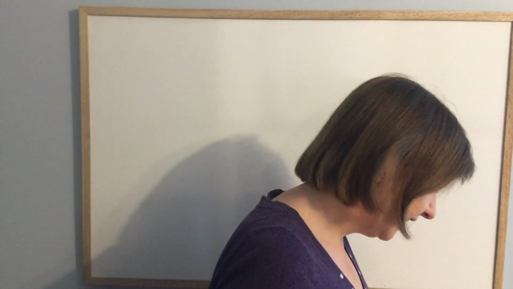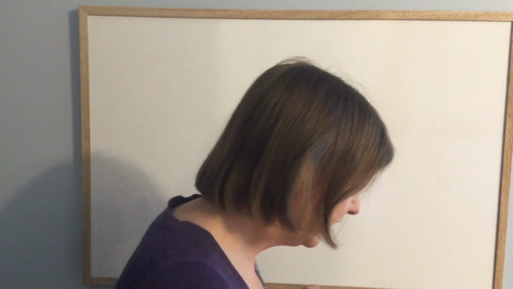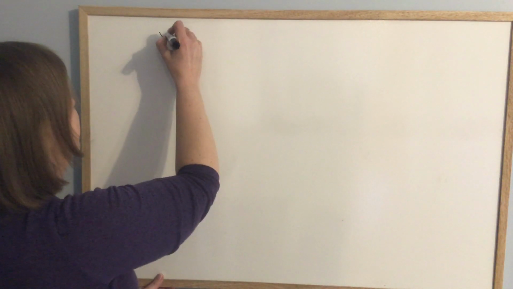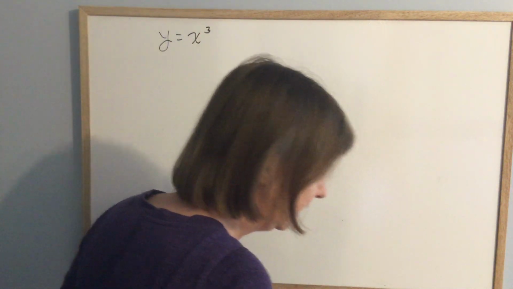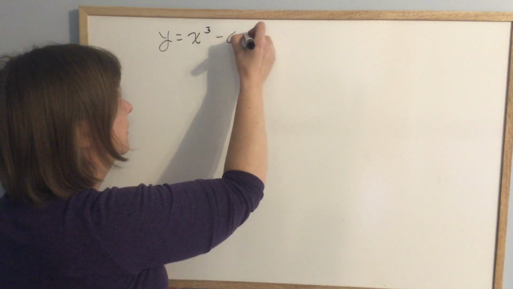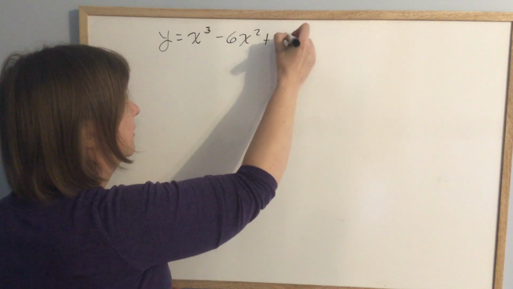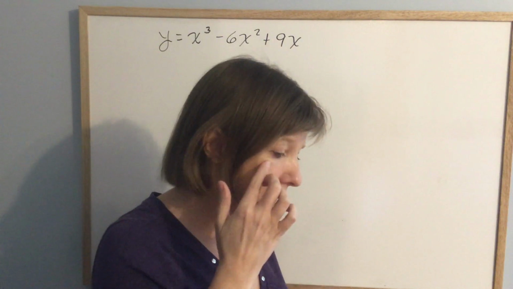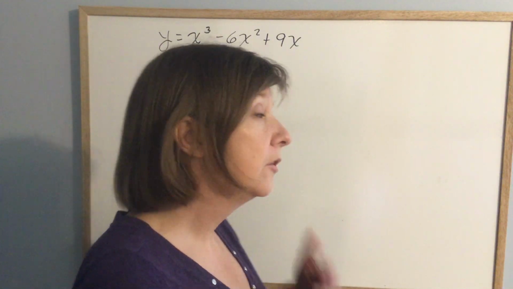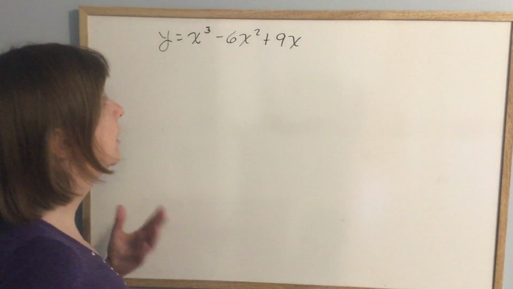All right, so example 1 says y is equal to x cubed minus 6x squared plus 9x. And what they want us to do is sketch the curve. So what do I know?